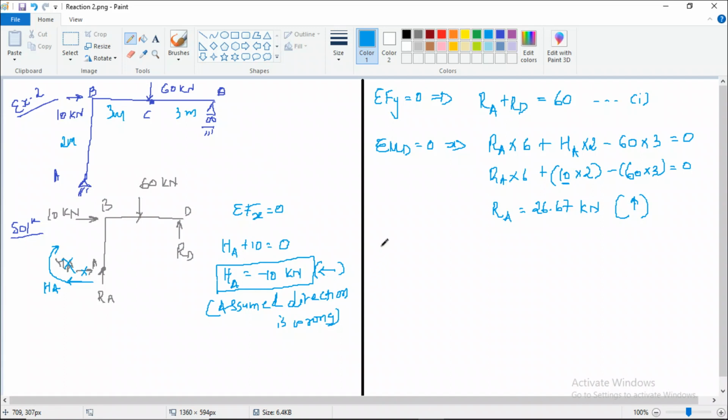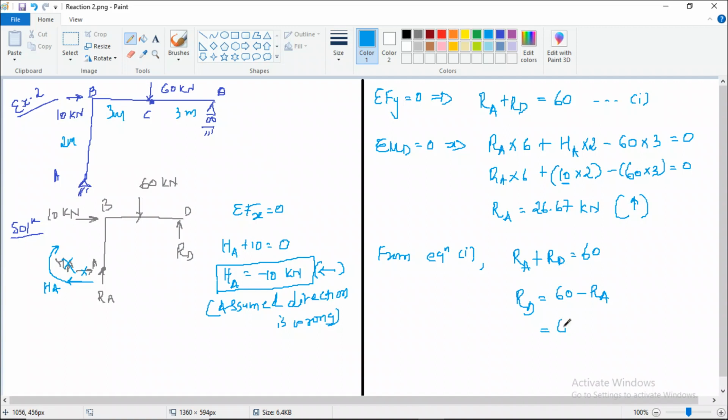And now from equation number 1, we know that Ra plus Rd is equal to 60. So if you put the Ra value in this, you will get the value of Rd is equal to 60 minus Ra.